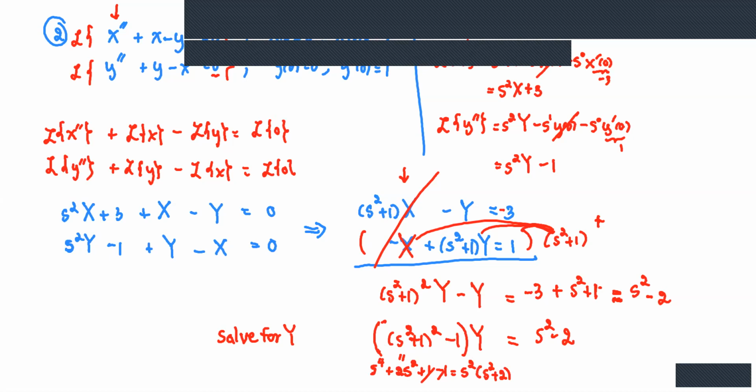Now I'm going to add another slide. So now our capital Y will be in the form of s squared minus 2 for the numerator, divided by the simplified form of the coefficient of the capital Y, which is s squared times s squared plus 2.